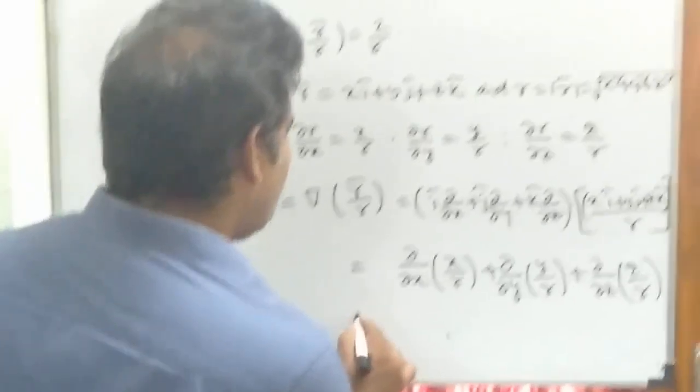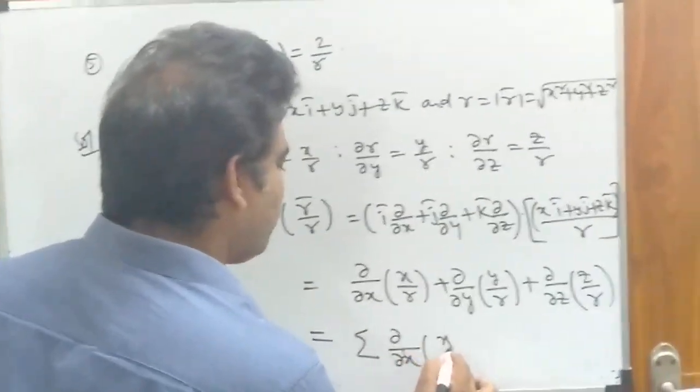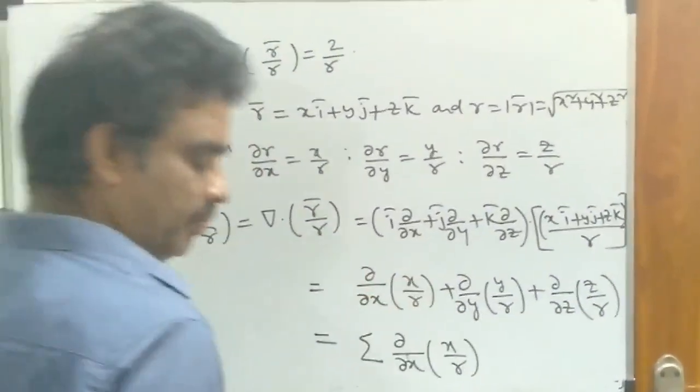So this is equal to summation of dou by dou x of x by r.